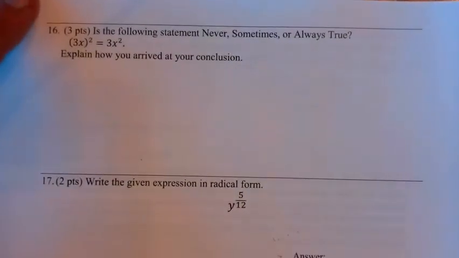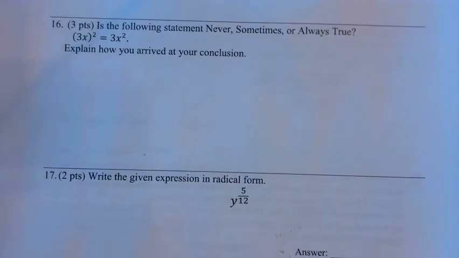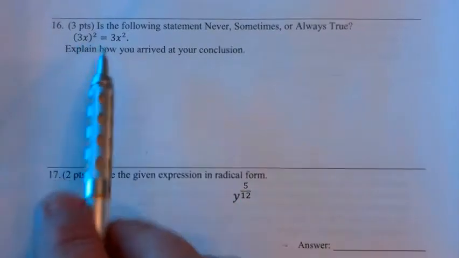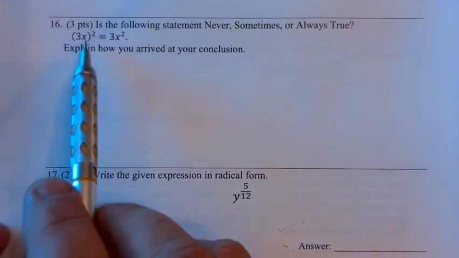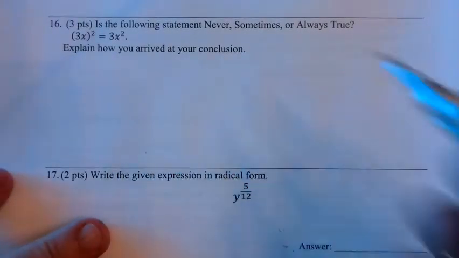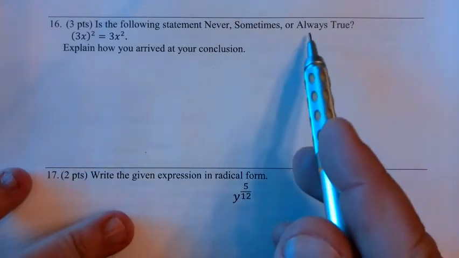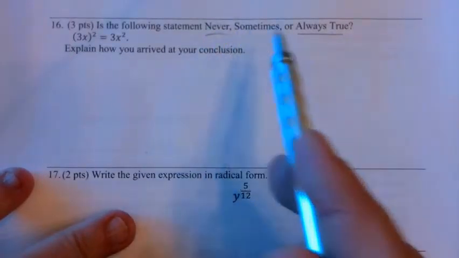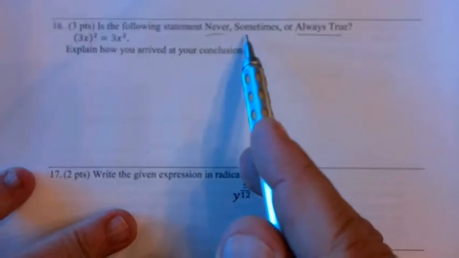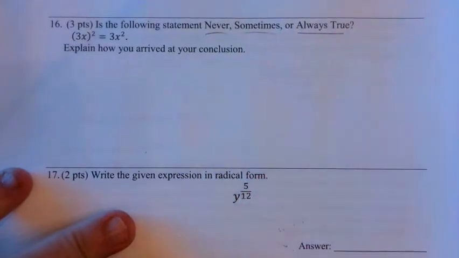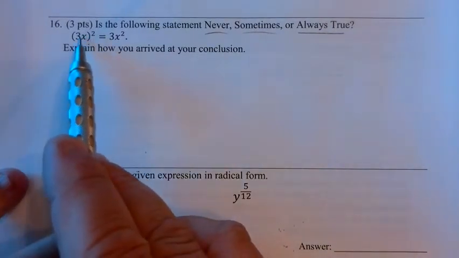Next. Is this statement never, sometimes, or always true? Explain how you arrived at it: 3x squared equals 3x quantity squared. Okay, always true and never true is hard to prove, so I'm going to lean toward sometimes true. Well, I look at these. The 2 applies to the whole thing.